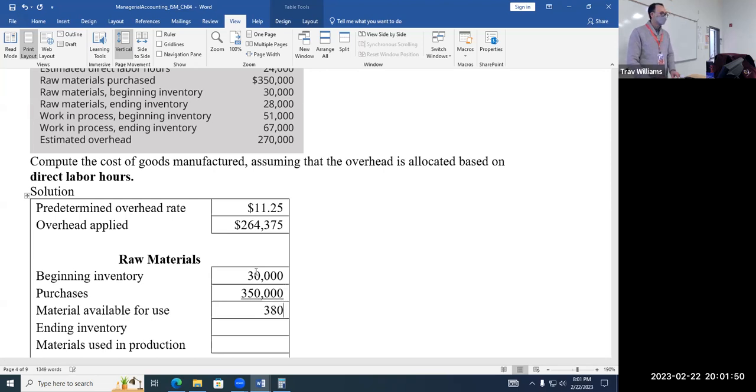We can add those together and we had $380,000 worth of raw materials available. Then at the end of the year, we had $28,000 worth of raw materials that we hadn't used. So that means we must have used the difference, right? So we added the purchases, subtracted the ending inventory.